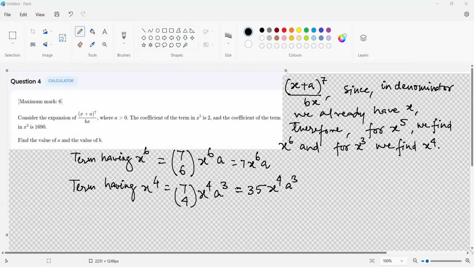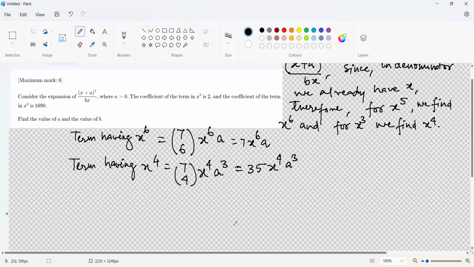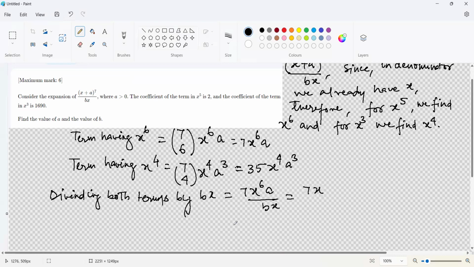Now, what I'm talking about dividing both terms by bx. So 7x raised to the power 6a over bx would be 7x power 5 a upon b.